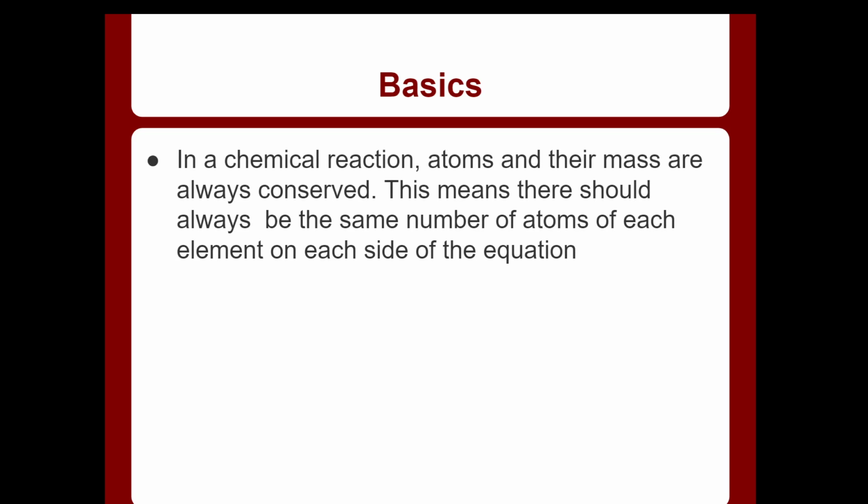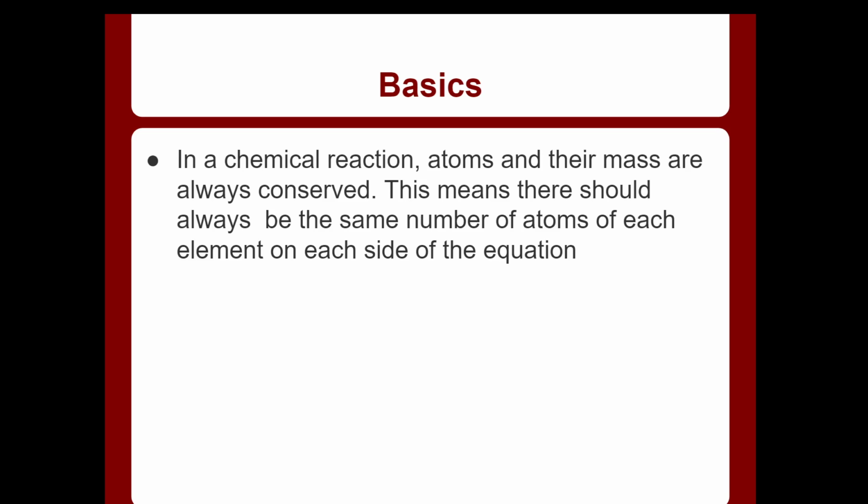So the basics are that in a chemical reaction, atoms and their masses are always conserved. You've heard before that matter can't be created or destroyed, only transformed. What we're going to do is only transform it from one compound to another.